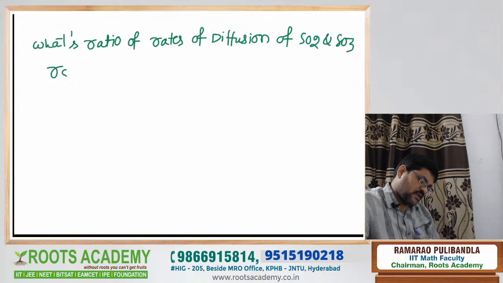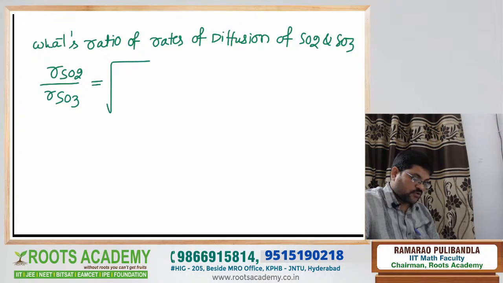Simple logic. Rate of diffusion of SO2 by rate of diffusion of SO3 is equal to root over, inversely proportional to molecular weight, molecular weight of SO3 by molecular weight of SO2.